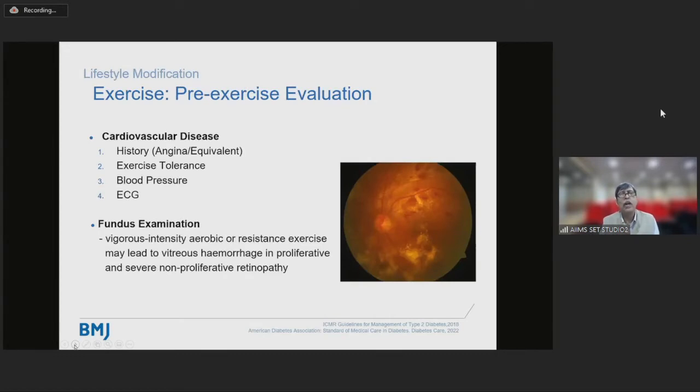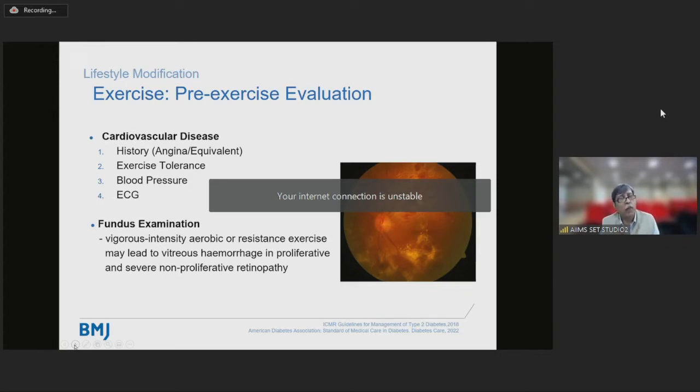I already mentioned this, a pre-exercise evaluation. I'm not saying you need to do complicated investigations, but you must ask for angina or its equivalent. You must ask for exercise tolerance. And in any case, if somebody has been sedentary all their lives, suddenly telling them to start jogging is a recipe for disaster. Tell them, we eventually want you to do 45 minutes of moderate physical activity every day.